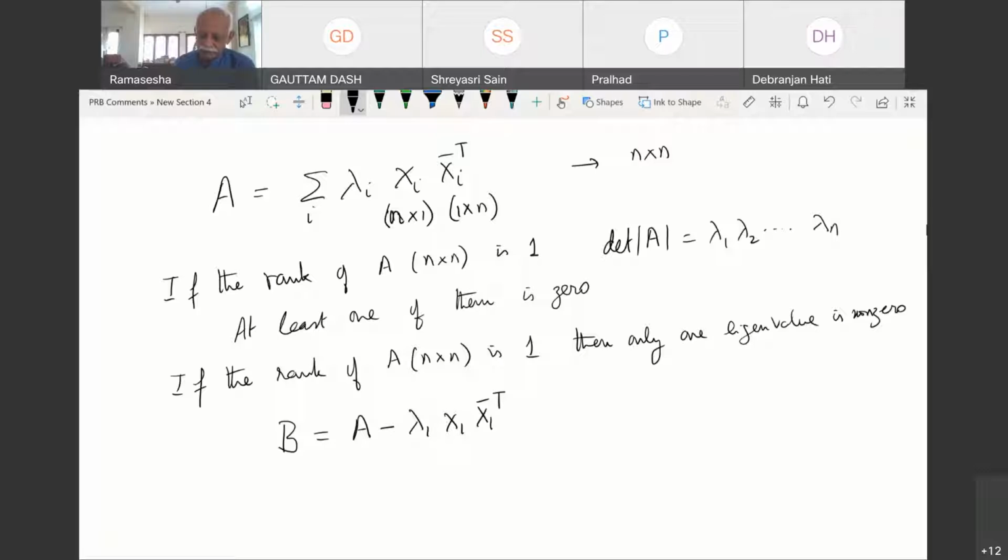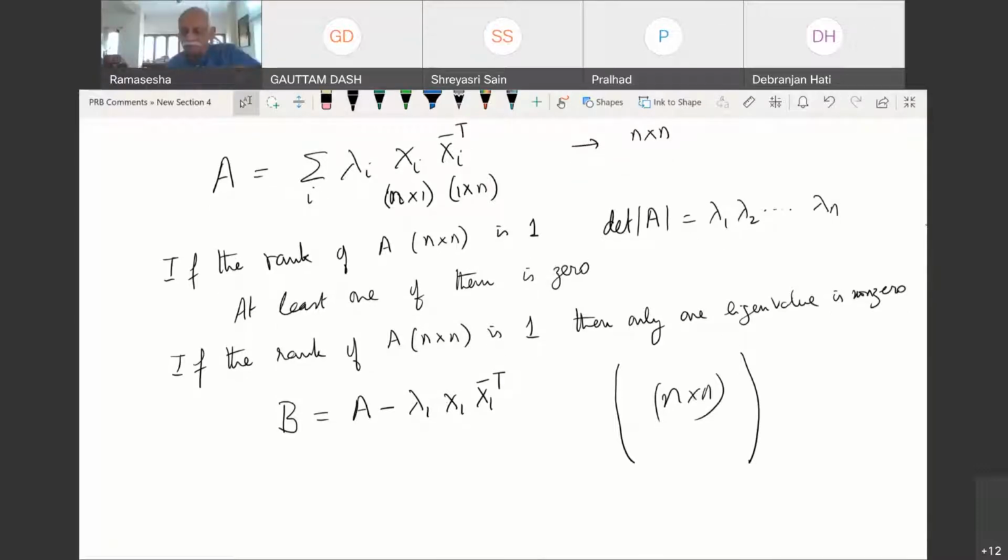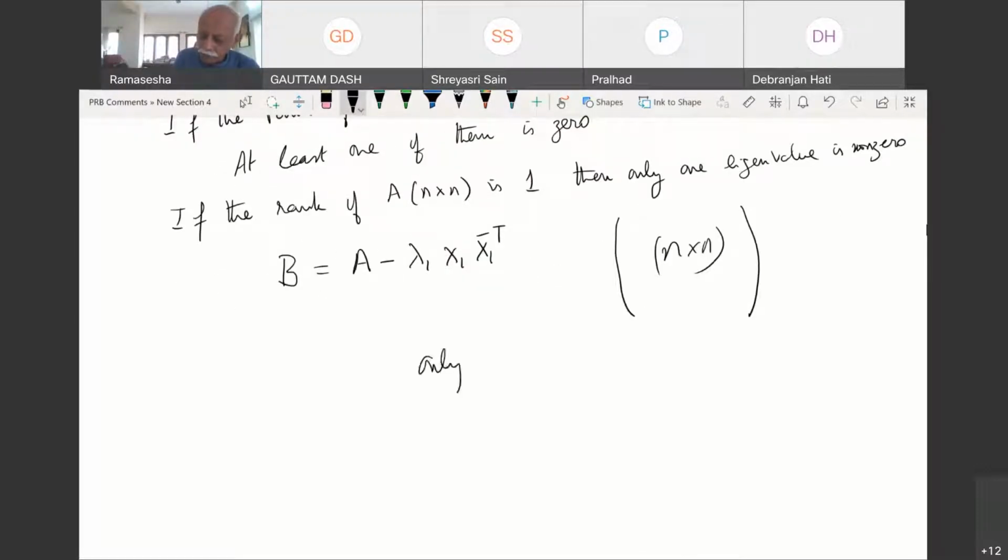This will have two 0 eigenvalues, so it will be of rank n minus 2. See, when you say something is rank 1, you have an n by n matrix, and only a one by one matrix is having a non-zero determinant.